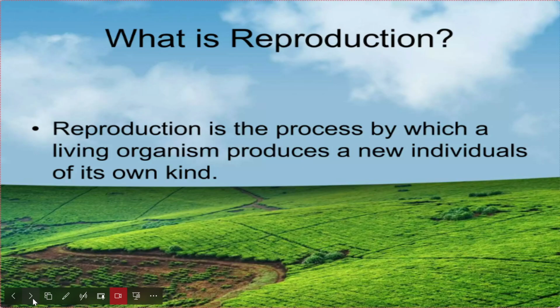Reproduction is the process by which a living organism produces new individuals of its own kind. Like a cat produces organisms like it, like kittens. A dog gives birth to puppies.